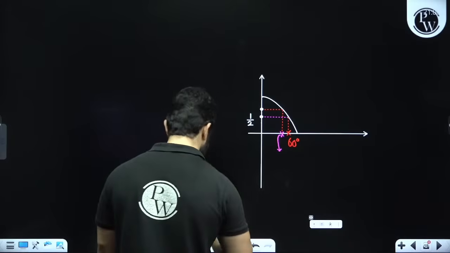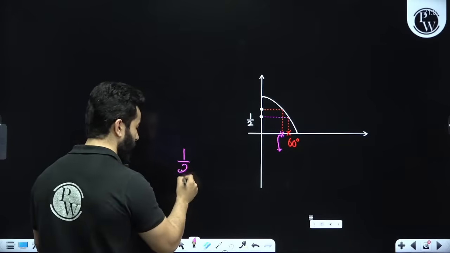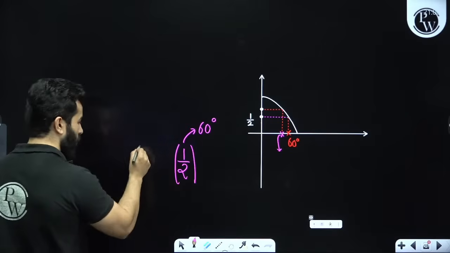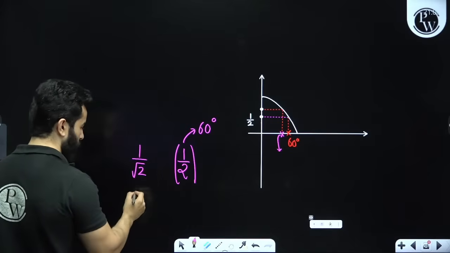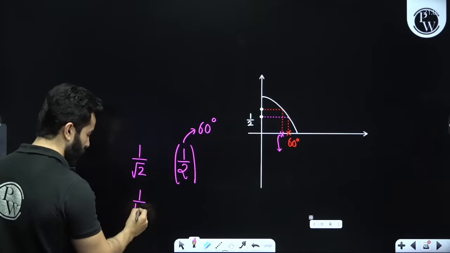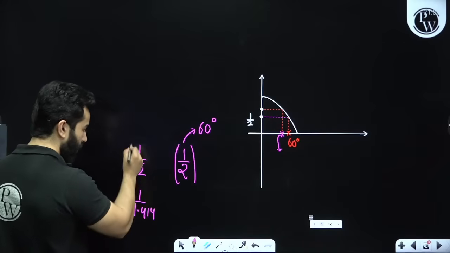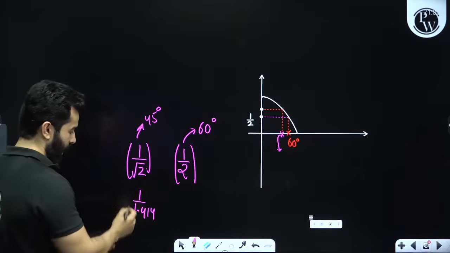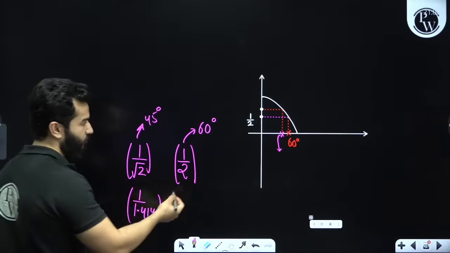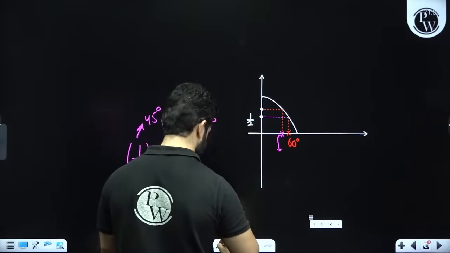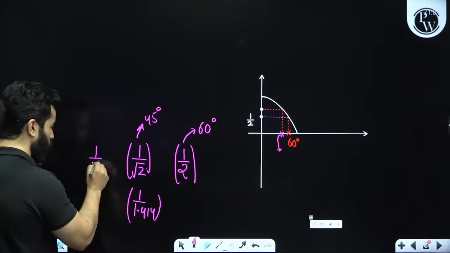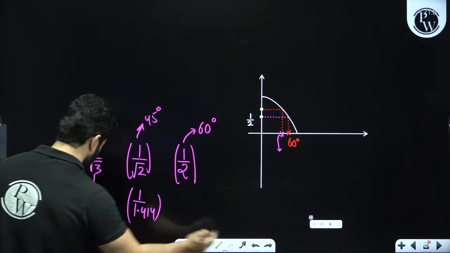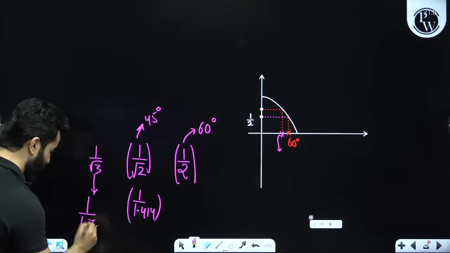So we were talking about 1 by 2, which comes at 60 degree. Then you have got 1 by root 2, which is nothing but 1 upon 1.414. This angle comes at 45 degree, right? And then you have got 1 by root 3, which is 1 divided by 1.7 something.